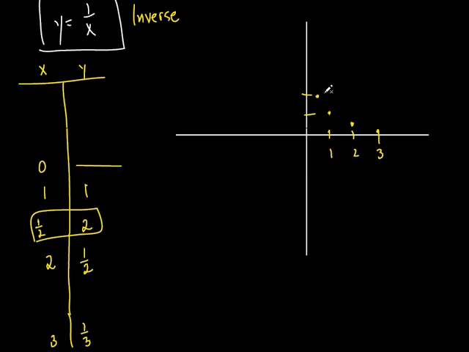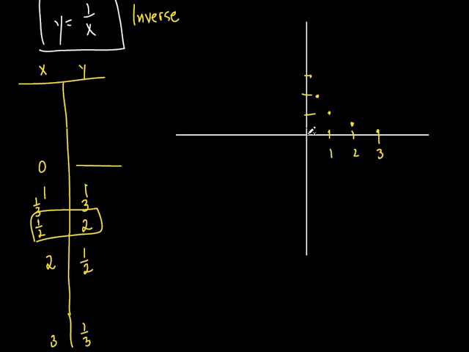See what it's doing? What if I put in a 1/3? Then it goes up to 3, right? It's just the inverse of it. So if I go in a 1/3, I'm going to come up here and look what it does. It gets really, really close to the y-axis. But guess what? It's never going to touch the y-axis because it can't.